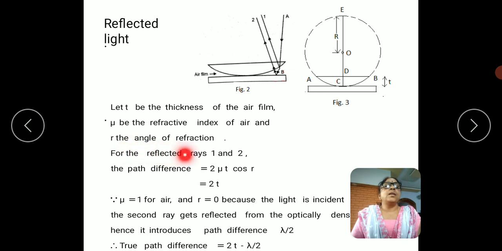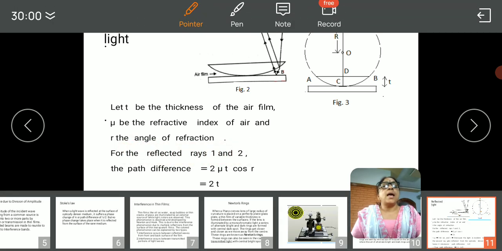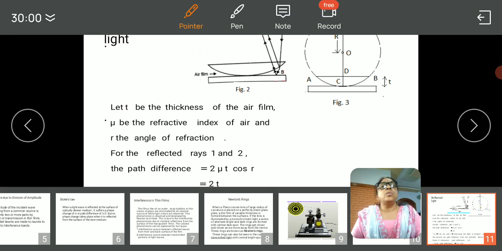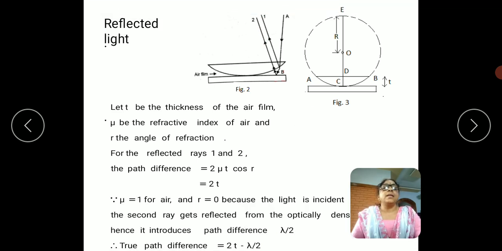For rays 1 and 2, AB is the incident ray, and after reflection from the lower surface of the plano-convex lens comes ray 1, and after reflection from the glass plate P comes another ray, 2. So 1 and 2 are the two reflected rays.